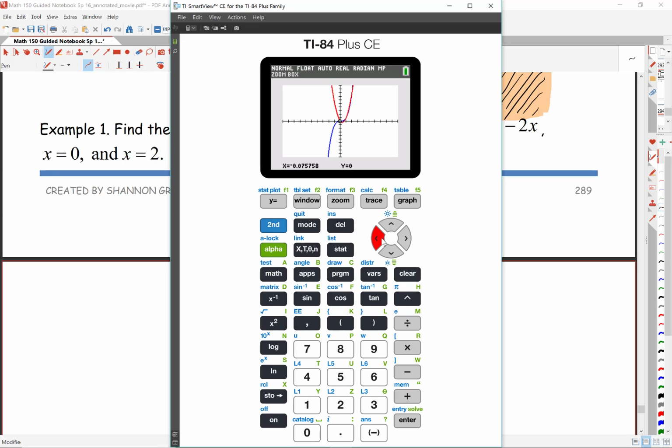We want to go up high here so we get a whole picture. Press enter where you want to start the corner of your box, then push down or right to give you one of the edges of the box. Now we'll go to the right and it will make our box. I'm going to go just past x is 2 because that's what we're interested in. So here we go. Oh, and look what happens.